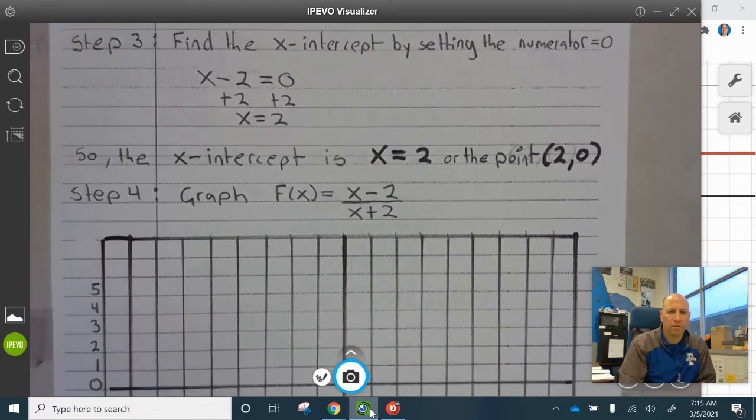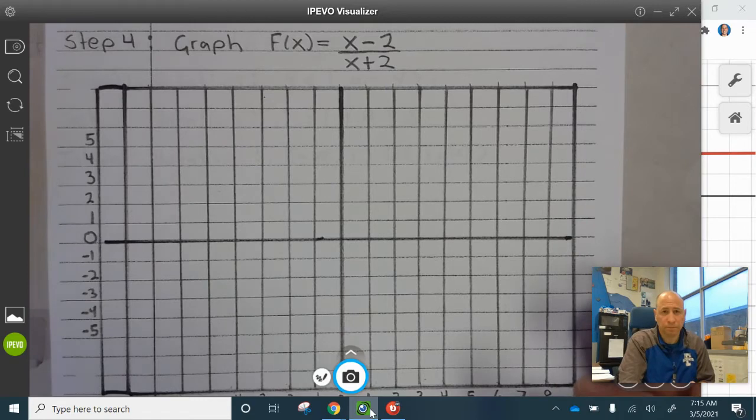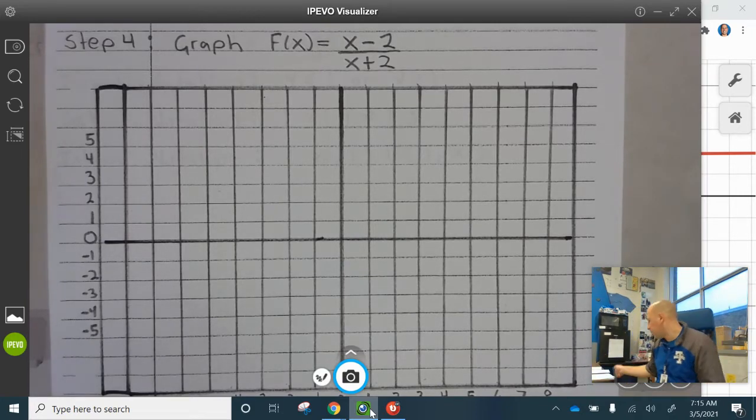Step 4. We're going to graph f of x equals x minus 2 divided by x plus 2. The first thing we need to do is graph the vertical asymptote. I'll be right back.